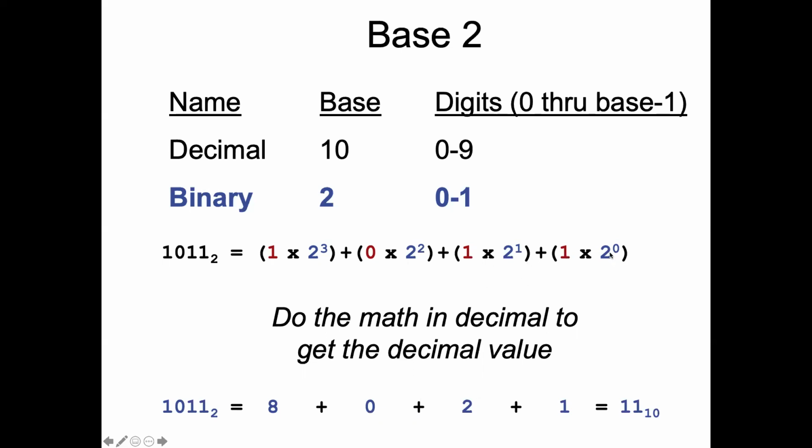And this 1 times 2 to the 0th is just worth 1. I wrote this down in base 10 so it'd be easier for me to add up. If you add up all of those, this 1011 in binary is really just another name for 11 in base 10. And like I said a couple of slides ago, that 10 hanging off the lower right corner makes it clear that that's in base 10.